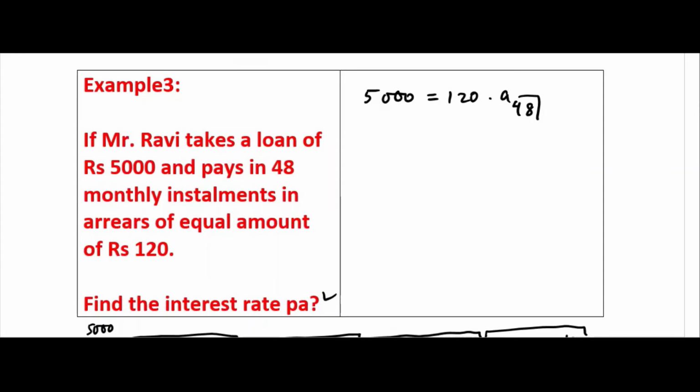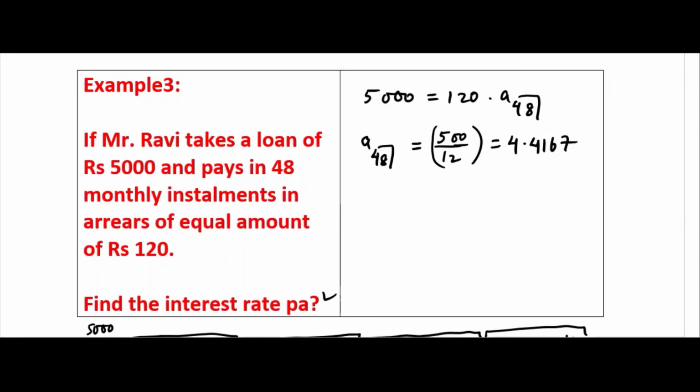Okay, if you solve this, A48 will be 5,000 divided by 120. That is 500 divided by 12. 41.67.